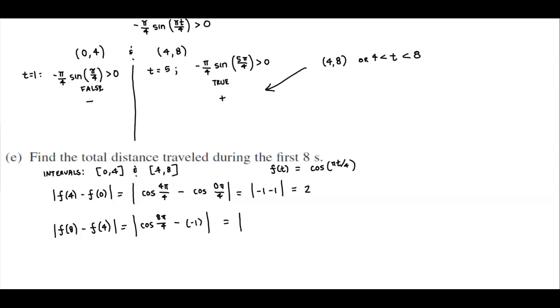So the cosine of 2 pi is positive 1, and then that's plus 1. So 1 plus 1 is going to give us 2. So the total distance is equal to 2 plus 2, which is equal to 4 feet.